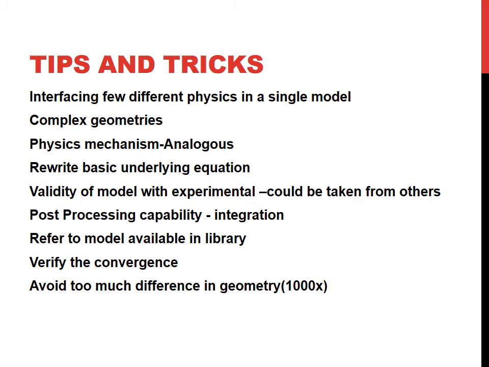Then try also to simulate a complex structure, something new in terms of the structure that has not been seen in the literature or in the journals. Even though the structure is very complex, if you can come up with new results, it's still okay to publish, even though you don't come out with experimental results.